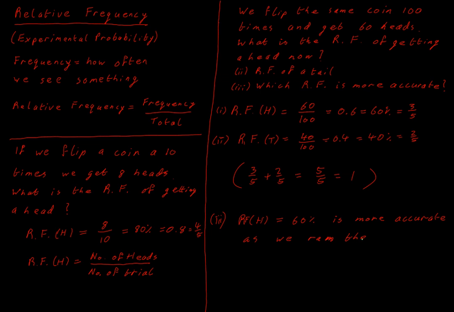That is the type of answer that we can give if we're asked which relative frequency would be more accurate. Anytime we have run the experiment more often, that means that we are going to get a more accurate result. And that is what we need for relative frequency.